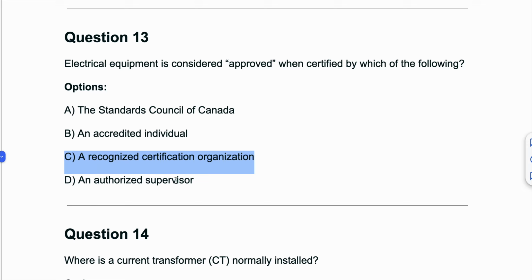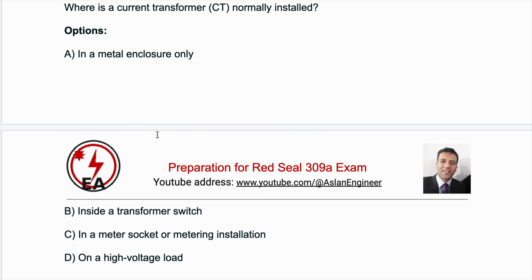An authorized supervisor, no. You can't find this question in the Canadian Electrical Code book, but certification organizations can make approved labels for electrical equipment when you want to install it or buy it from the market.